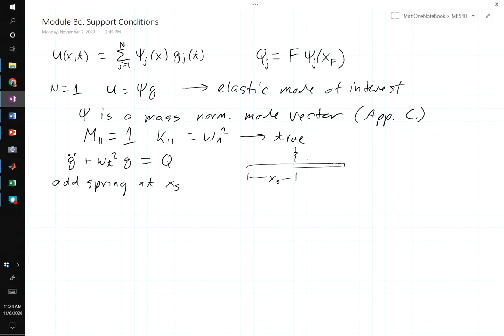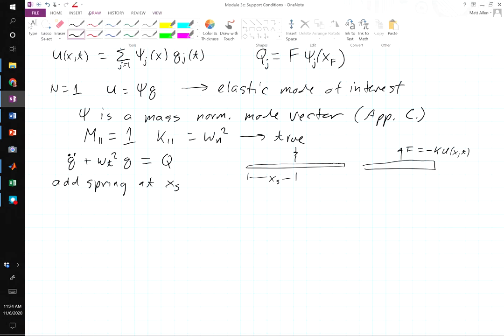Well, one easy way is to replace the spring with a force, and that force will be negative the stiffness of the spring times the displacement at the point where the spring is attached. Here I'm using U as a lateral displacement. I should have used W to be consistent with what we've done in class. I'll go ahead and just fix that real quick.